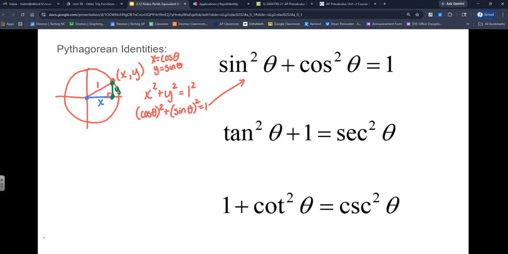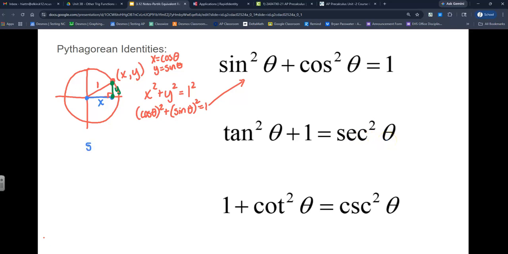Now, the others look way more complicated that we have these others here. But we can turn this first one into the other two. If you memorize this first one, then you can use some reasoning to figure out the others. So watch this. Let me show you how to get tangent squared theta plus 1 equals secant squared theta.